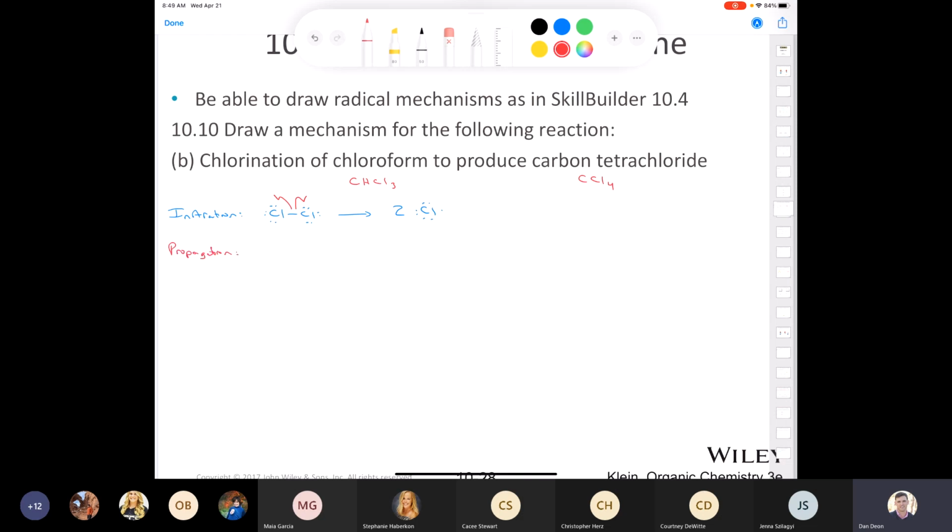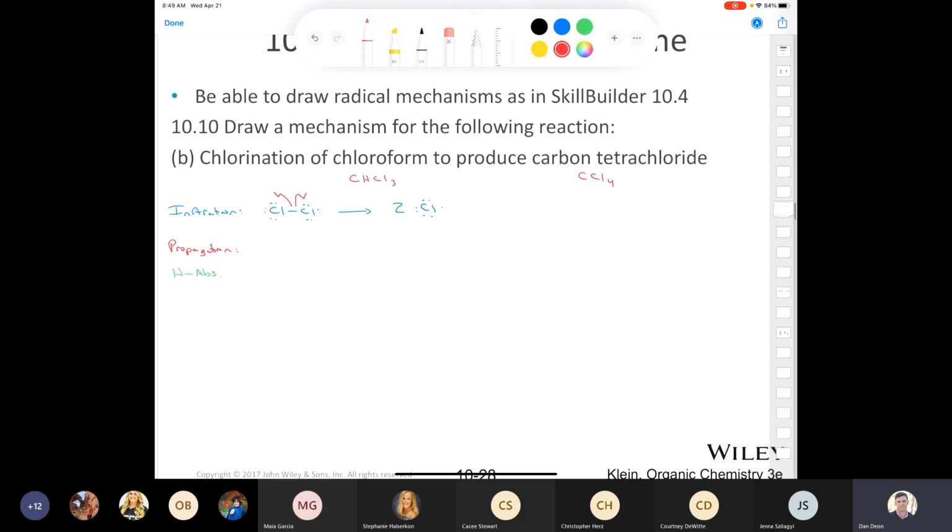Propagation, which is 2 steps, right? First, we have the hydrogen abstraction. Then we have the halogen abstraction. So let's start by drawing the hydrogen abstraction, which of course occurs first. So maybe I'll use black ink for this. We'll draw the structure of our chloroform molecule. Draw the hydrogen over here. I'm going to leave the lone pairs on the chlorines out just to be quicker.